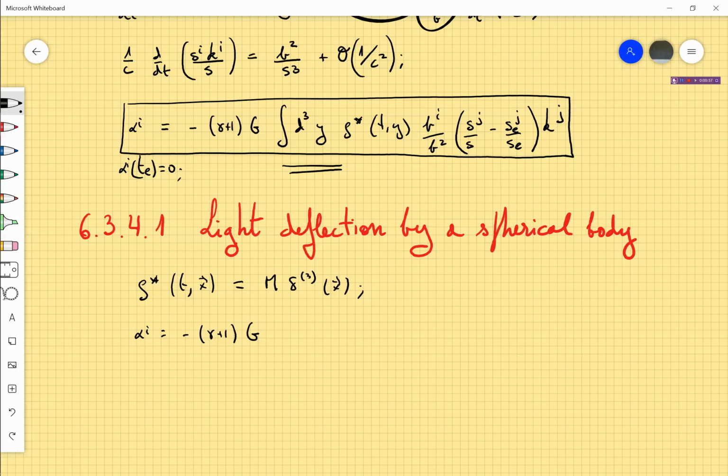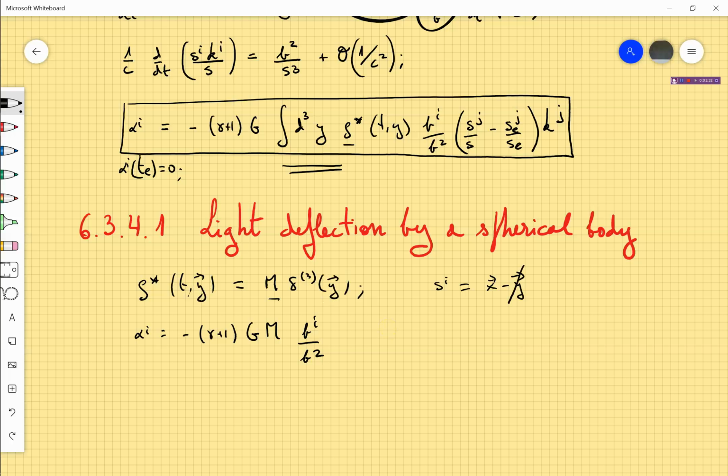So we get Bi, there is an m from the rho delta, and then there is Bi over B squared. And Si, remember that Si was x minus y. So we just eliminate this y, because what we are doing is to replace this by this delta.